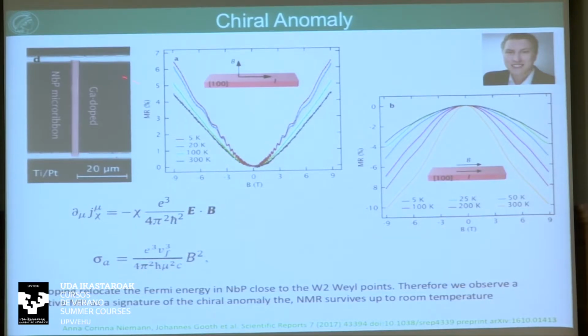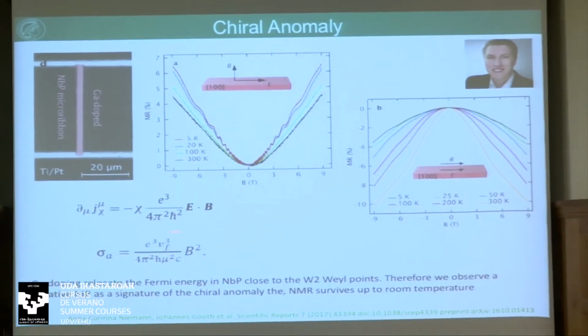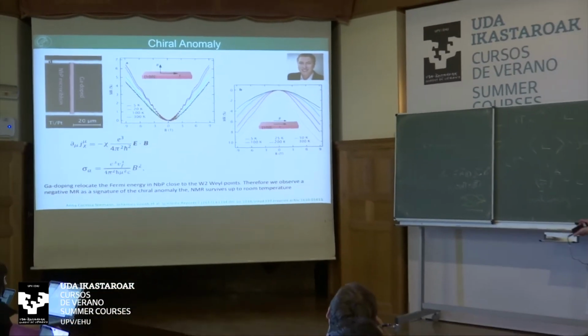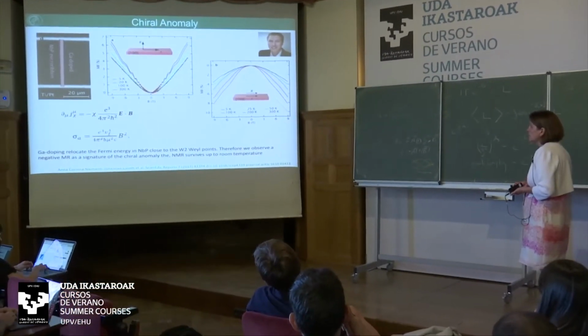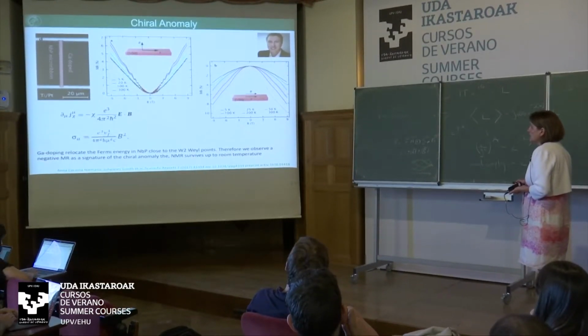Here we accidentally doped it with gallium because we made these wires, which moved the Fermi energy to the right position, and then you see exactly what was predicted by the chiral anomaly. The conductivity is proportional to B squared and positive if the magnetic field is perpendicular to the current, and it becomes negative if you have the magnetic field in the direction of the current.